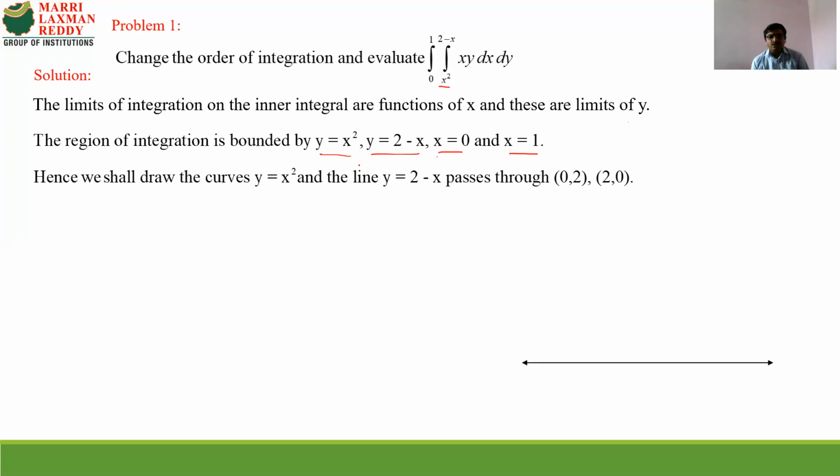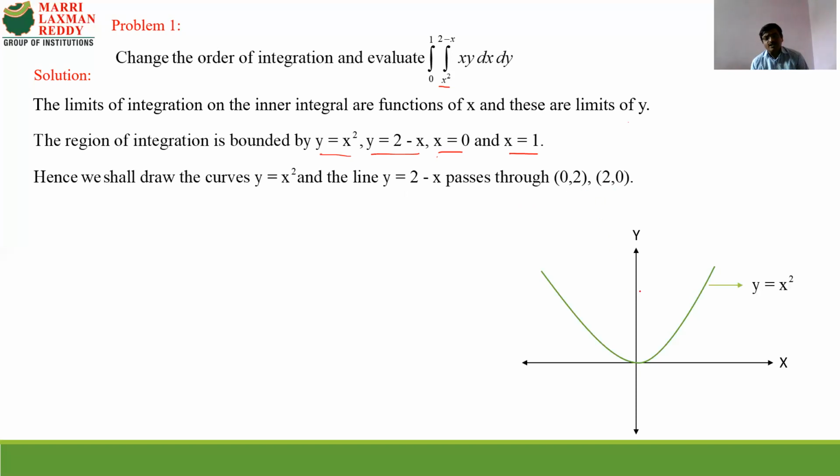So this is the x-axis and this is the y-axis. Now y is equal to x square represents a parabola symmetric about the y-axis. Now y is equal to 2 minus x is a straight line. It is a line which passes through the points 0, 2 and 2, 0.